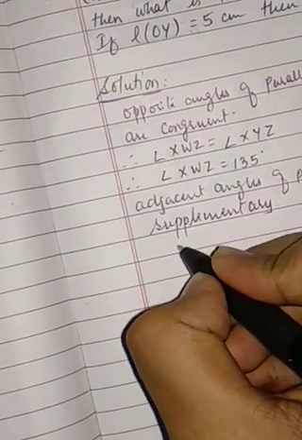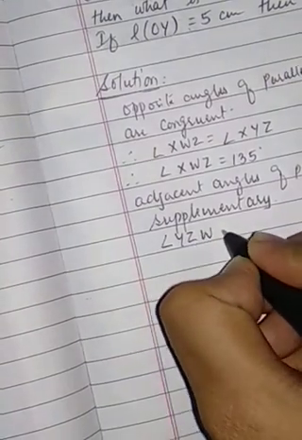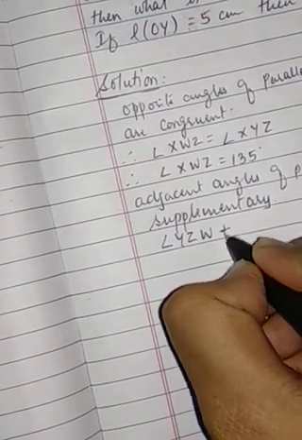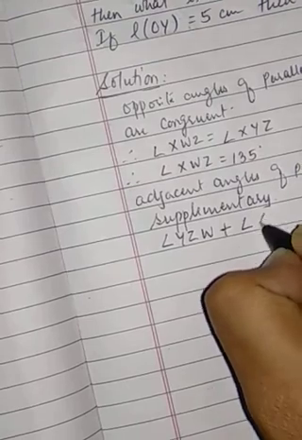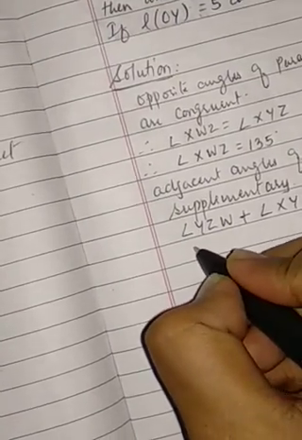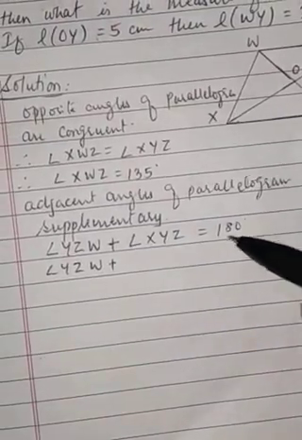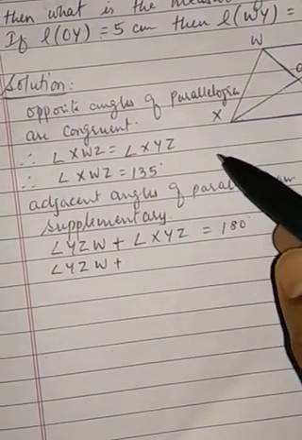So you will write here angle YZW plus angle XYZ is equal to 180 degree. So angle YZW plus XYZ, which is already given to us, 135.